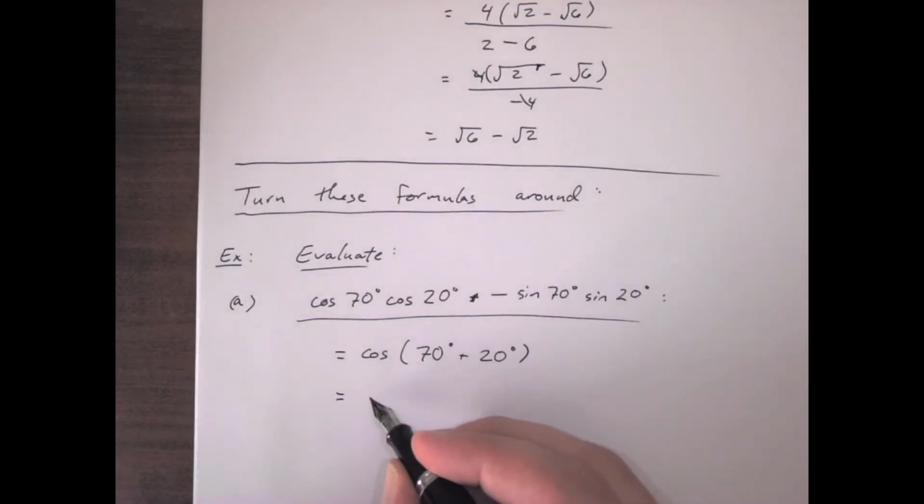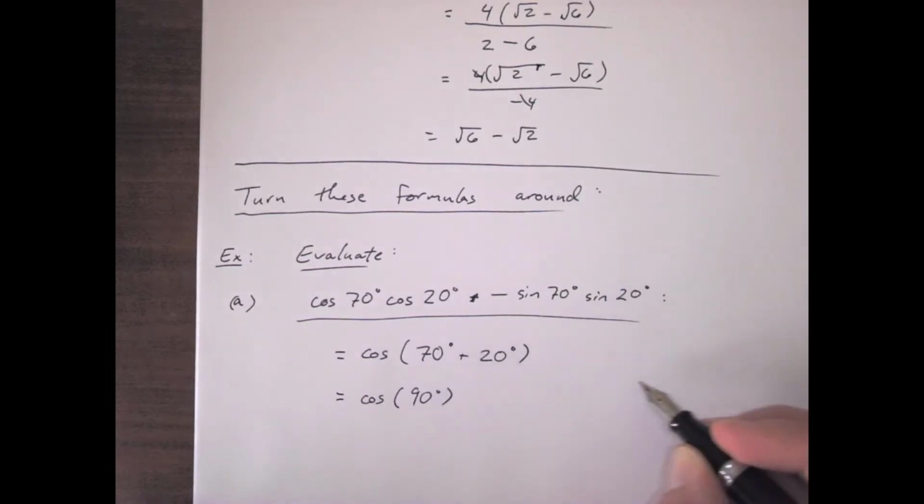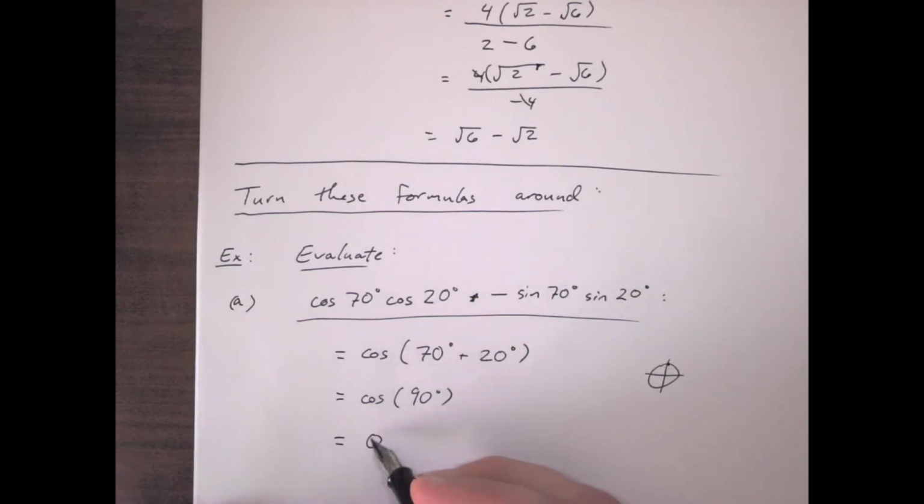But 70 plus 20, I can do that. So this is really asking the cosine of 90 degrees, which is the x value, which would be 0. So that's how you turn these formulas around. You can recognize what has been given to you as being something that came from one of these formulas. So you just look over the list of the formulas, find out which one it was, and then you can combine them to produce something like this.